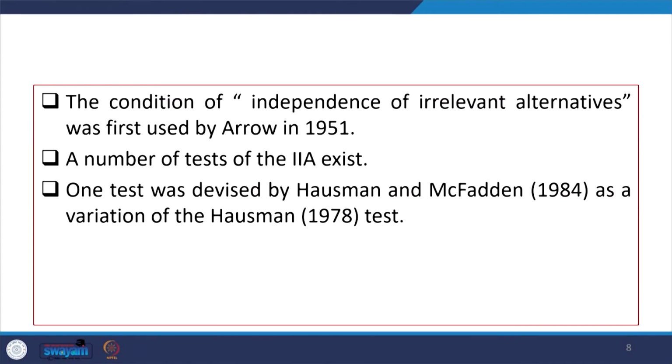The condition of independence of irrelevant alternatives was first used by Arrow in 1951. A number of tests of independence of irrelevant alternatives exist. One test was devised by Hausman and McFadden, which is what we are going to discuss, as per the 1984 paper, as a variation of the Hausman 1978 test.